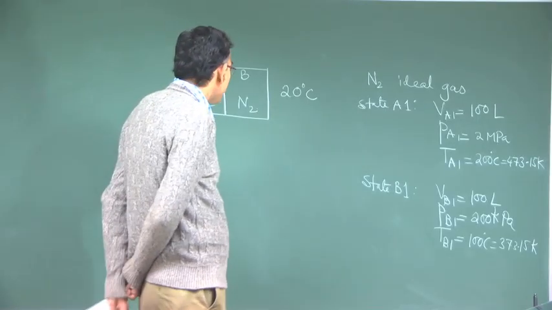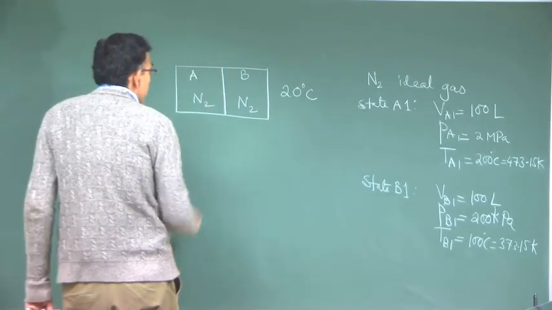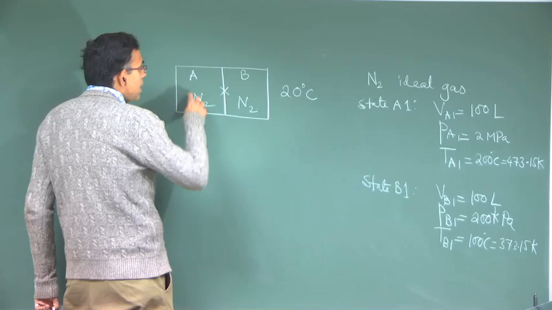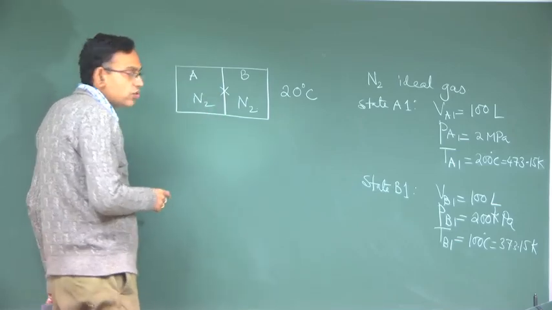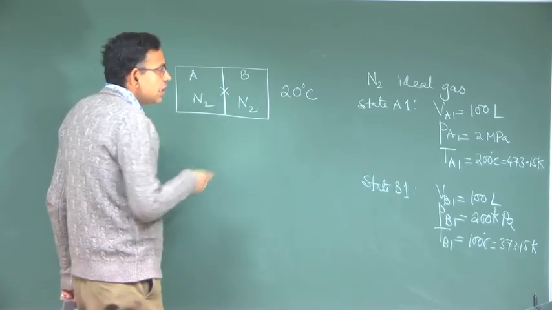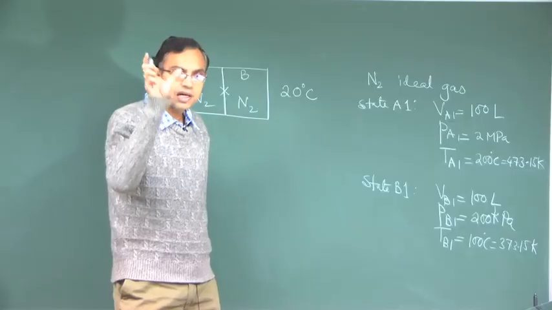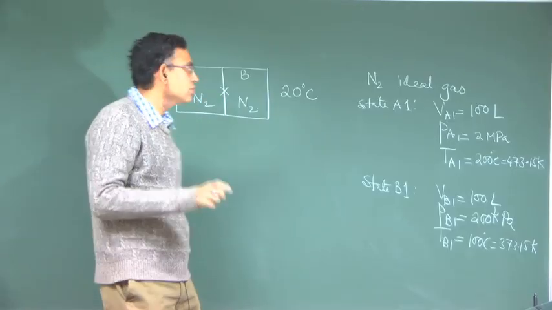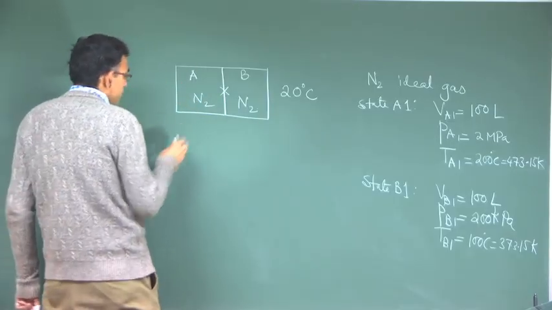So, how do you calculate the final pressure? When this is ruptured, A plus B will become the total thing in the chamber. It will have a common pressure and common temperature when it comes to equilibrium.